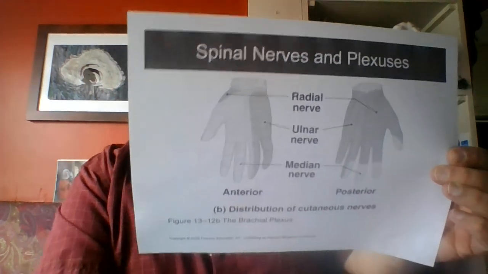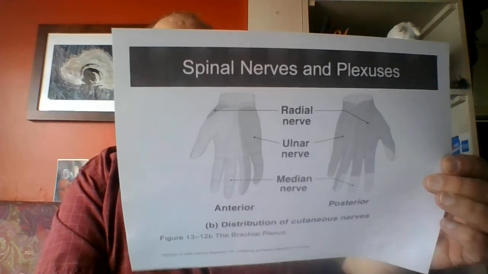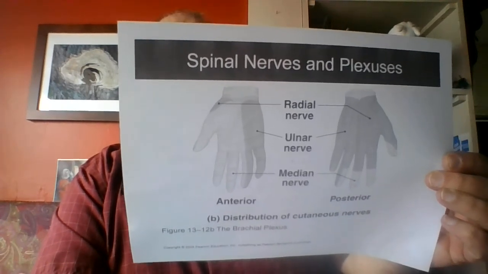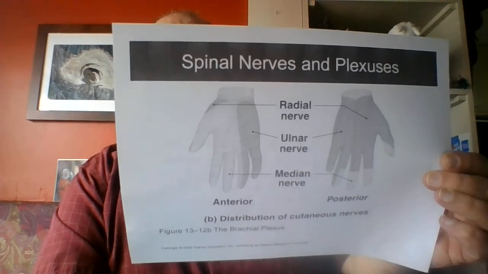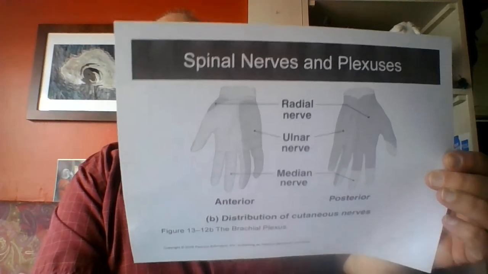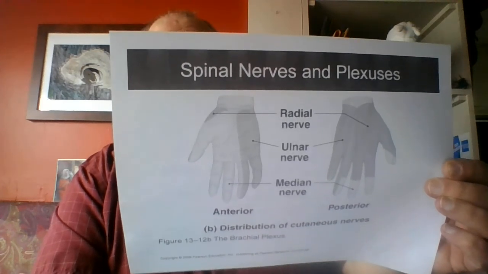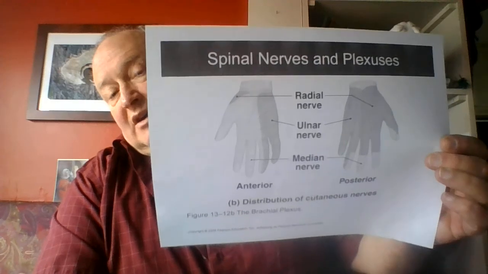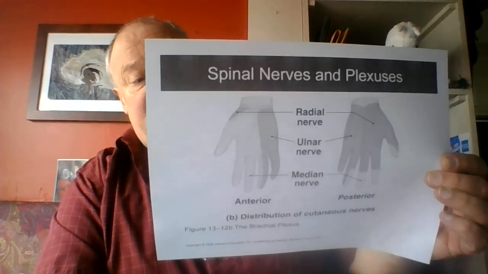So, for instance, sensory function in the hand is serviced by these three nerves of the brachial plexus. Compression of one or more nerves at the wrist causes changes or loss in sensation in areas innervated by the affected nerve. In other words, if you had carpal tunnel syndrome, these nerves could be affected.